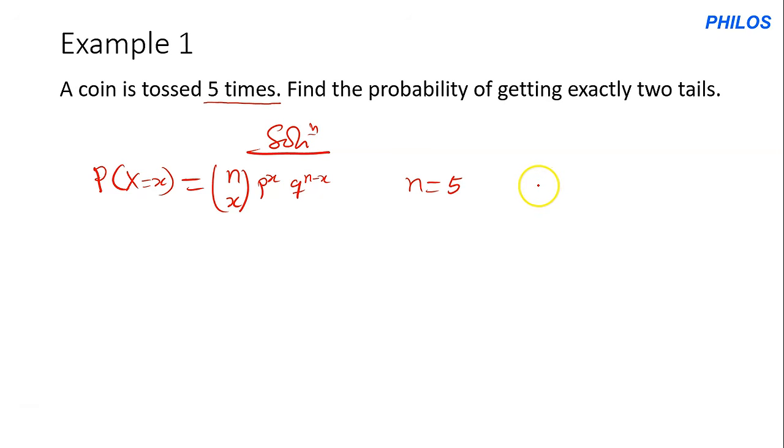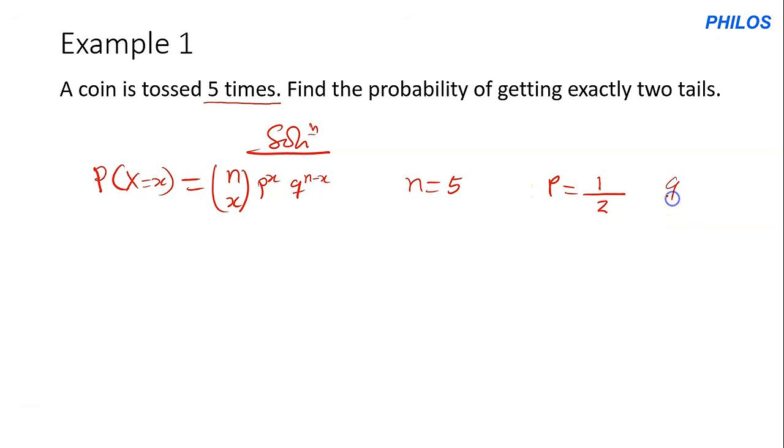So since there are 2 possible outcomes, the probability of getting a tail in a single tossing should be the number of tails in a single tossing divided by the number of outcomes in a single tossing, which is 2. So we've gotten p to be 1 over 2.